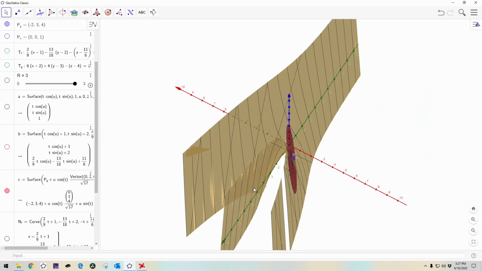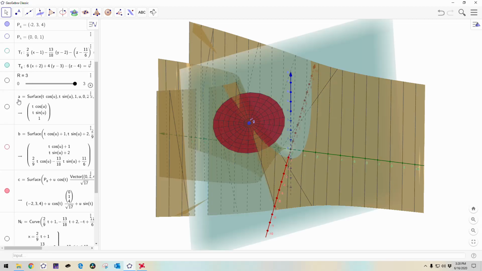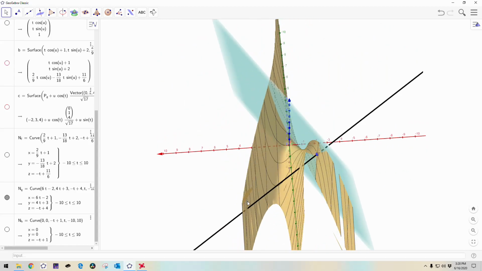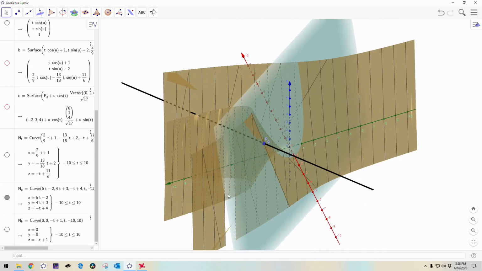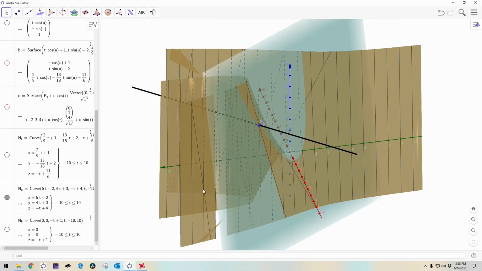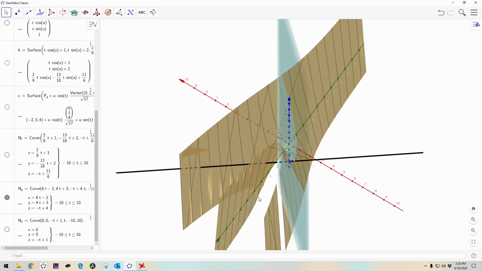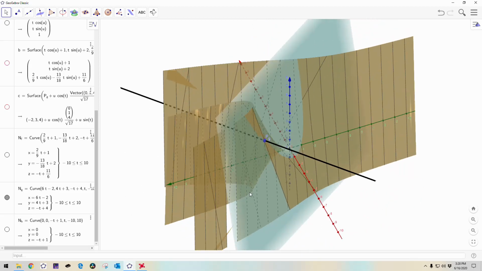Okay, and the normal line, of course, is going to be perpendicular to that particular plane. Those are the equations that we wrote down right here, and it does give me the line that intersects that point and is completely perpendicular to the tangent plane.